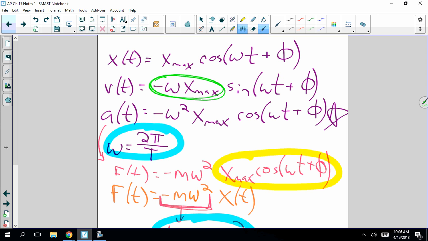Do you guys understand why this is v max? Because what's the range that sine can take on? Negative 1 and 1, right? So when sine is 1, that's the biggest possible value it can have. So v max is just omega times x max, right? Clear? Okay, cool.